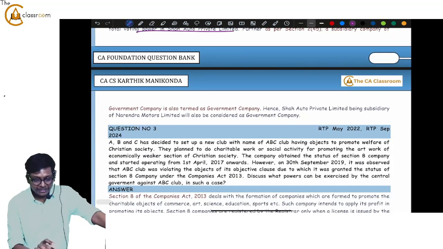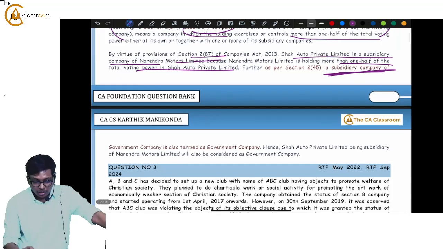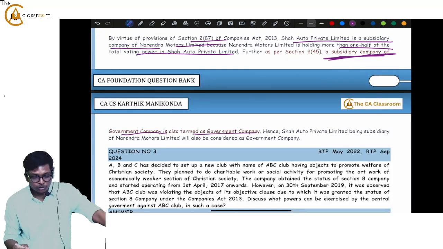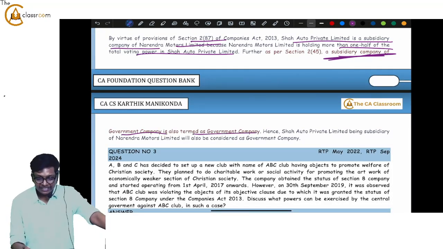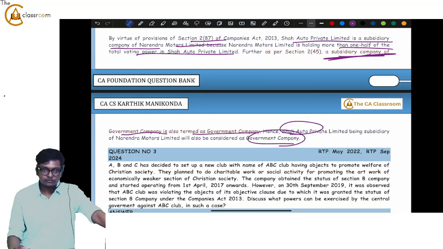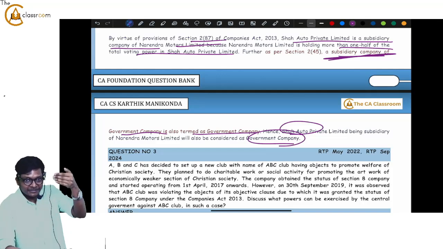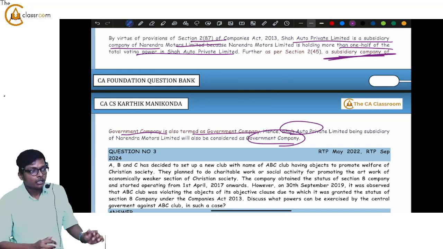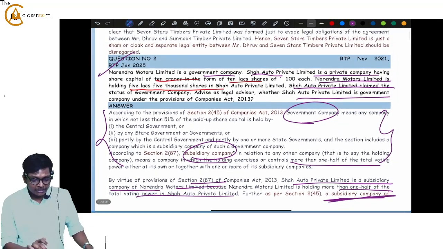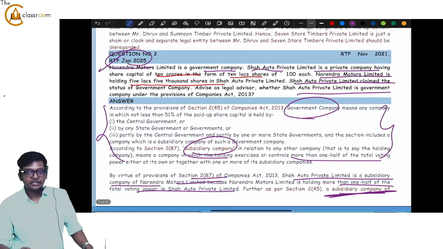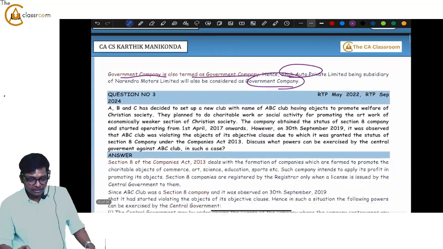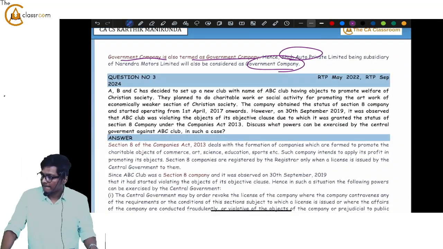Then they're also writing subsidiary of a government company is also a government company. Therefore, Shah Auto is also a government company. Can you see how they have beautifully drafted the question? If you go with that 51 percentage point, you will get it wrong. It is the other limb. Subsidiary of government is also a government company. When it came, Jan 25 RTP. Your exam. Okay. Yes, online, any doubts?